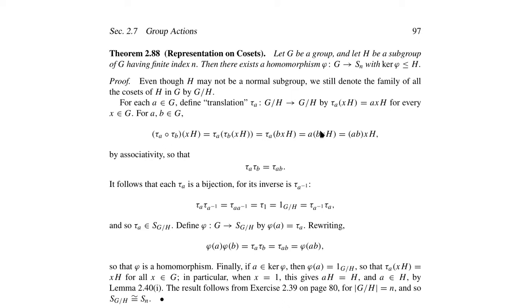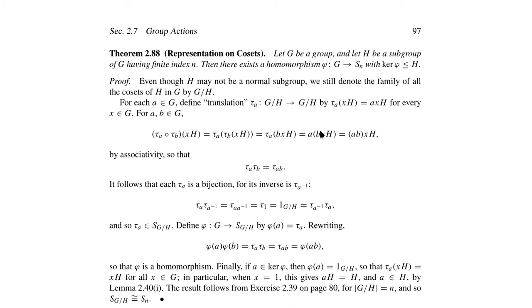G mod H denotes the set of all cosets of H, right? So you remember that's the notation we also used in R10 for quotient groups, except we don't have a normal subgroup here, so we can't have a quotient group, but this is the set of all cosets. So for each element, you again define a translation map, right?